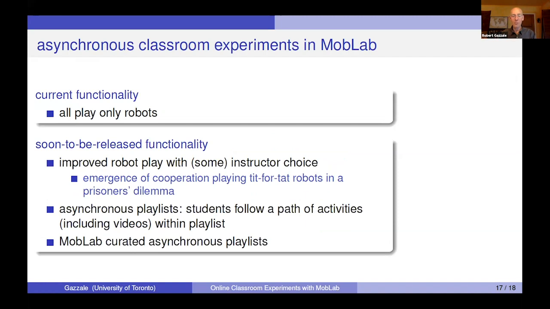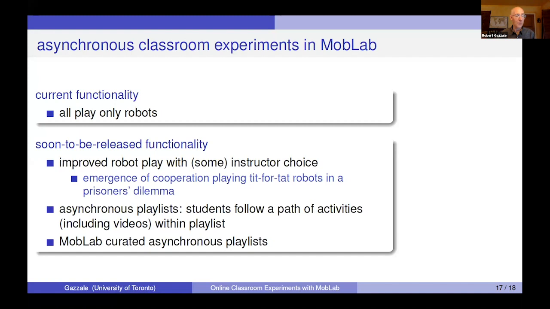If we're thinking about what's available in MobLab, you can do this currently by just checking the option for all play only robots, and all of the students will play against automated robotic players.